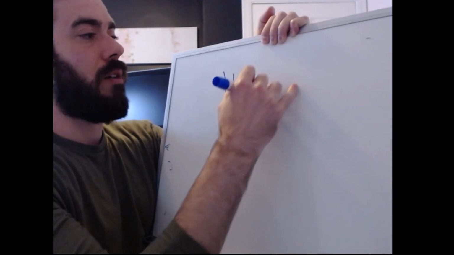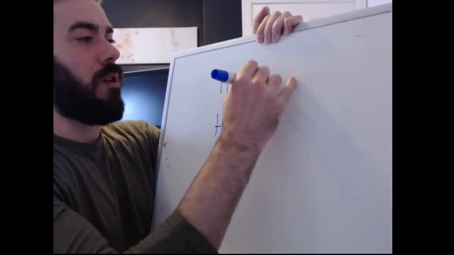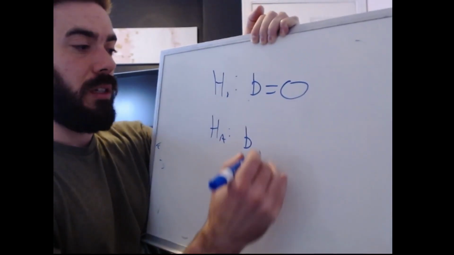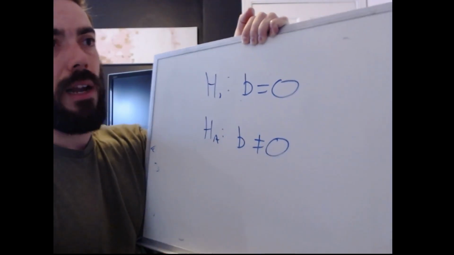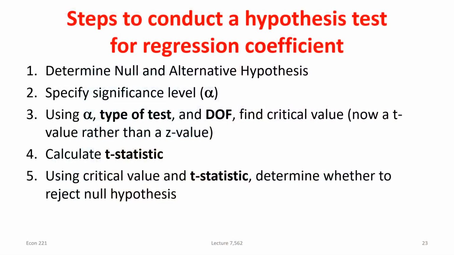Here I'll call it beta, but I'll keep it consistent with what I was calling it before, b. So it'd always be, I'm assuming it's equal to 0, and the alternative would be that it's not equal to 0, right? It's always going to be our hypothesis test. So we always know what our null and alternative hypothesis is.